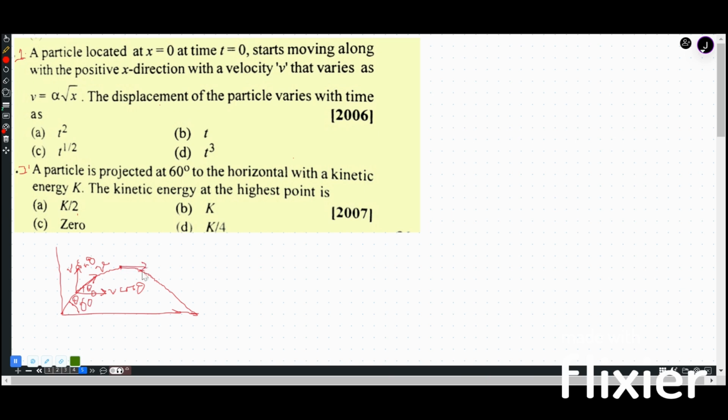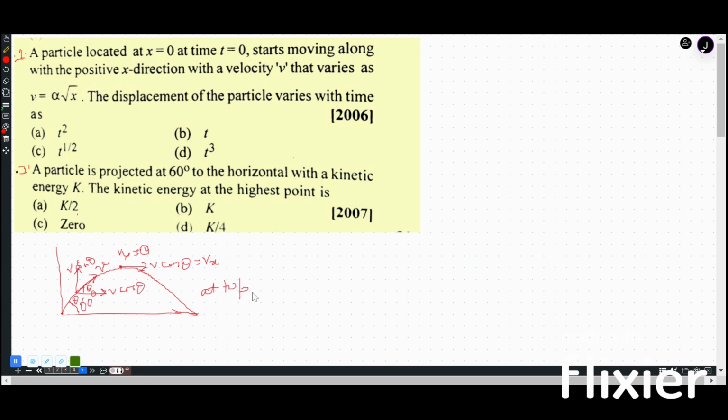As the path progresses, the vertical velocity keeps declining until it becomes 0. So Vy becomes 0 and Vx remains v cos theta because there is no force opposing it. Later the vertical velocity starts growing again as it goes under free fall.